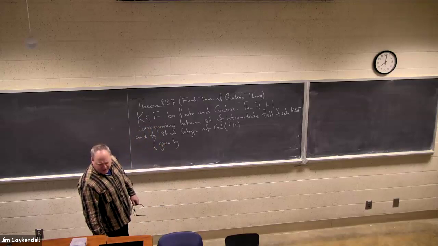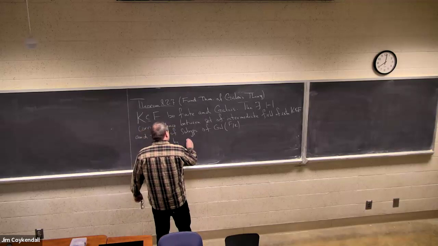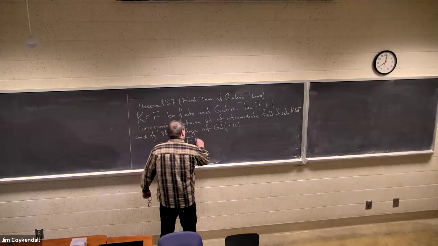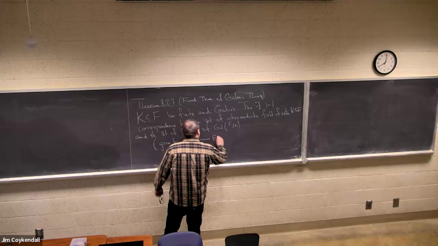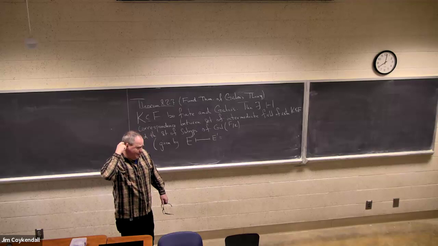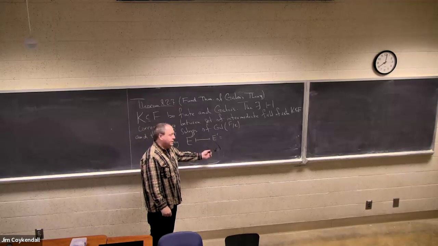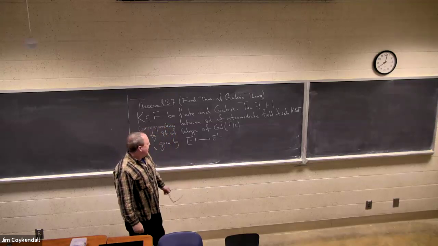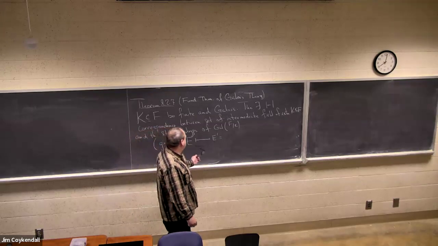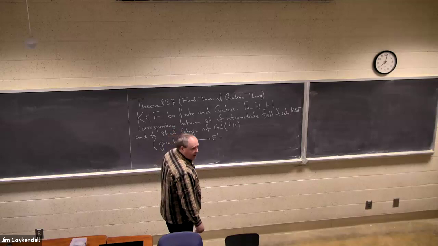Suppose we have an intermediate field E. Now E prime, if you remember, is: input a field, output a subgroup of the Galois group. This is everything in the Galois group that fixes E, right?